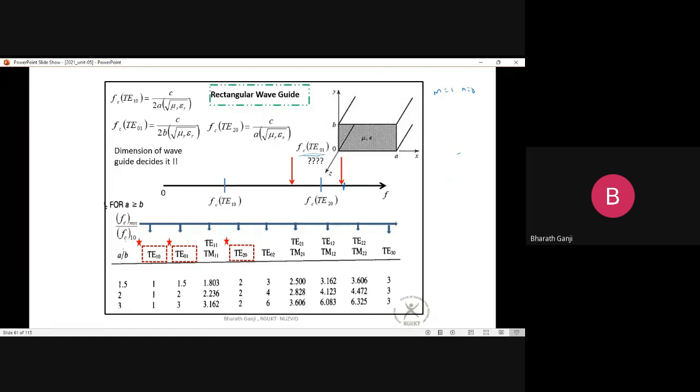The dimension of the waveguide decides how much bandwidth I get for a single mode operation.